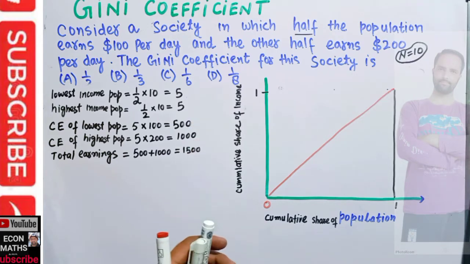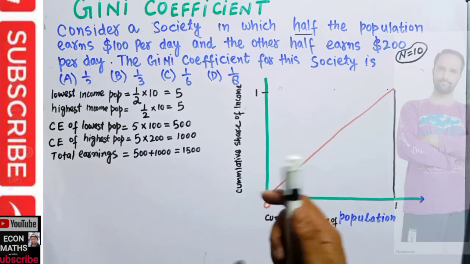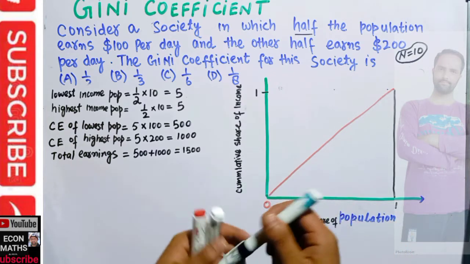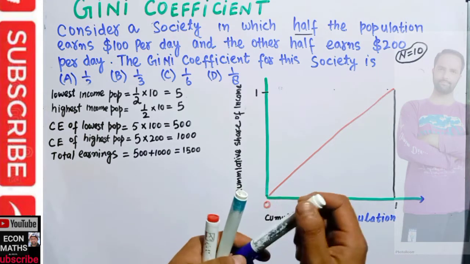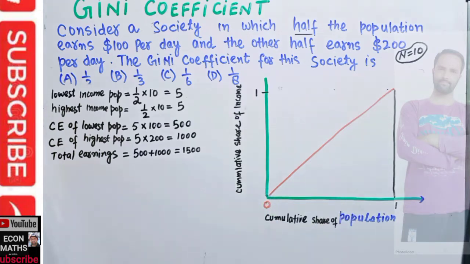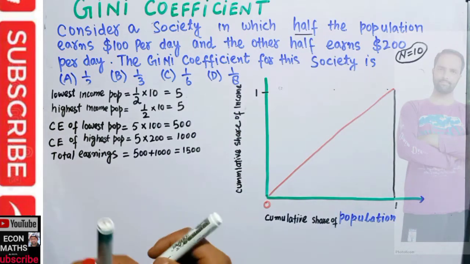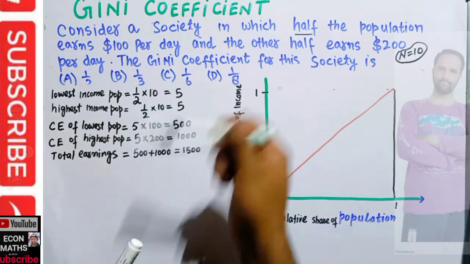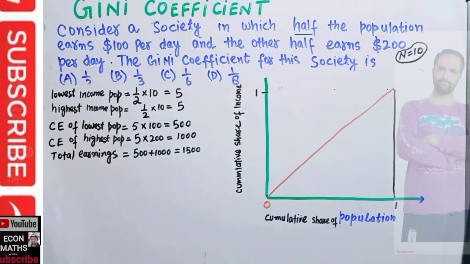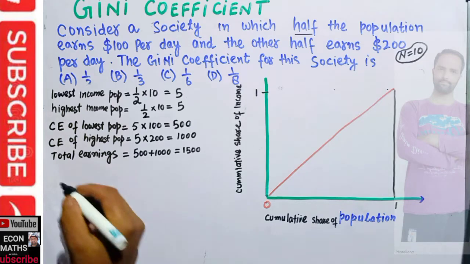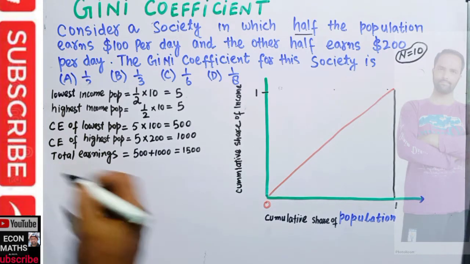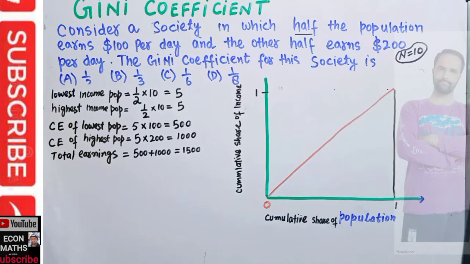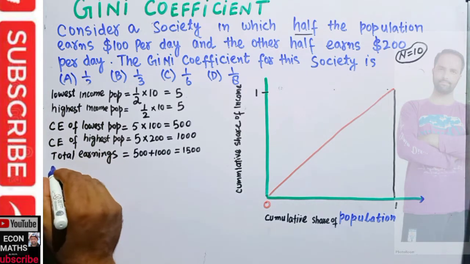I'm sure that you are getting this. Now what we need to see is the share of the bottom half, or the share of the first half population, in total income. Let me write it here, let us use another color, we have the luxury of changing the colors.